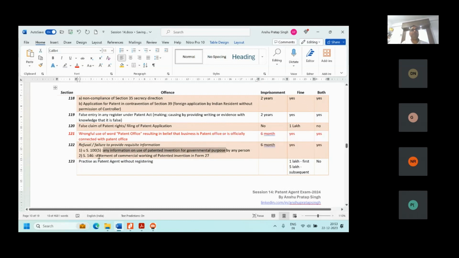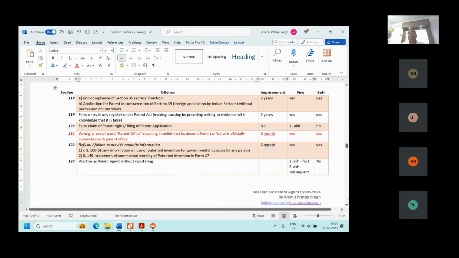If you have not provided, Section 146, statement of commercial working of patent. If you fail in that working of patent annual statement, you are not providing it under Section 156. There can be 6 months imprisonment, fine, as well as both. This is imprisonment or fine or both. Then, if you are practicing as a patent agent without being registered, then for the first offence 1 lakh, second 5 lakh.